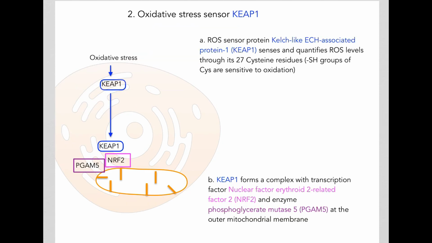Now, there is a protein in the cell called Kelch-like ECH-associated protein 1, or KEAP1. This protein can sense and quantify how much oxidative stress is there. So basically, the levels of reactive oxygen species can be sensed and quantified by this sensor protein.